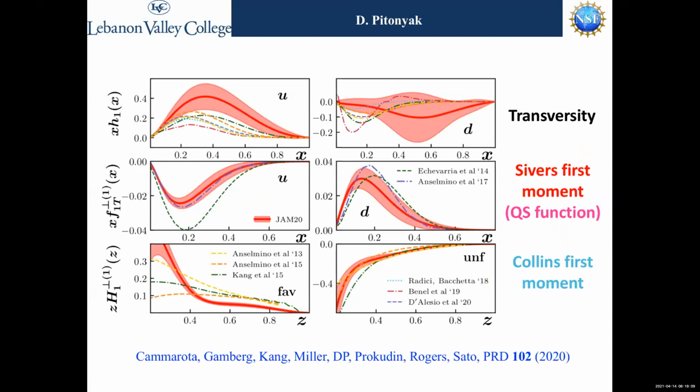Okay, and the second question is on that slide actually, and you really badly violate the Soffer bound, like very badly. So what's your take on that? Because you seem to agree with lattice, but it's a bad violation of the Soffer bound. So can you say something about your opinion about that? Sure. Well, I wouldn't worry at this stage about the violation that is happening. Indeed, we need data in order to understand whether this violation is significant. It is, because you don't need data to see that.